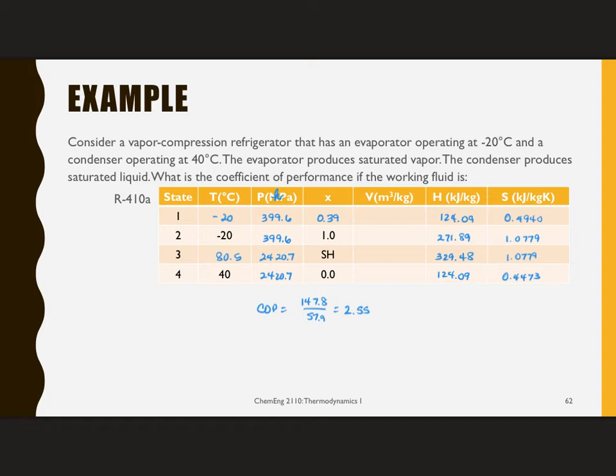The quality at state 1 is about the same, 0.39. And the enthalpies are listed here, 124.09, 271.89, 329.48, and 124.09, leaving us with a coefficient of performance of 2.55. So we have dropped the coefficient of performance with this refrigerant.